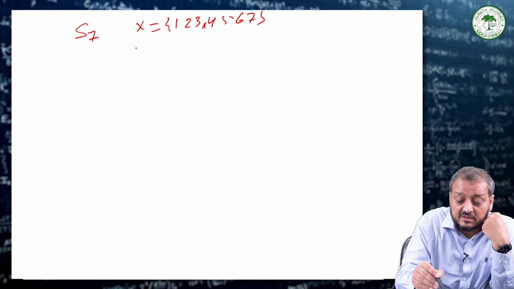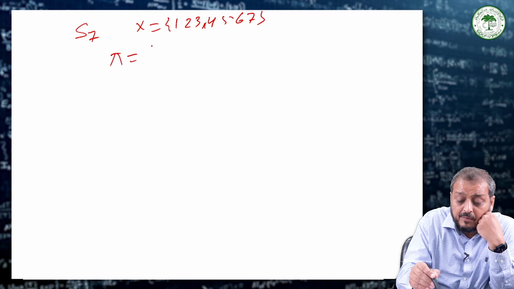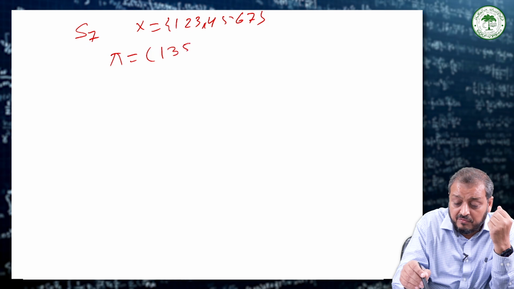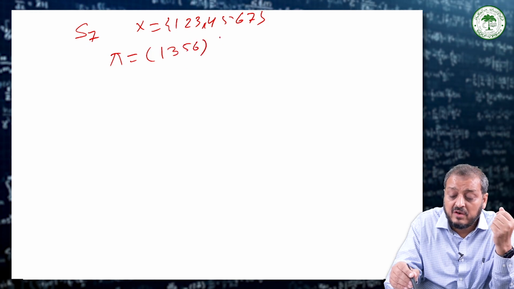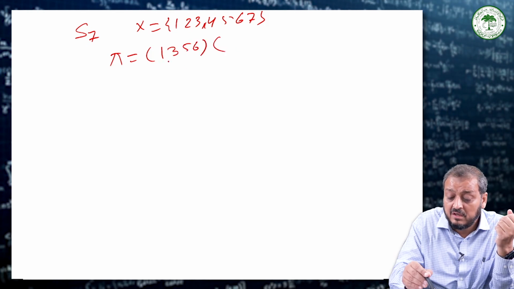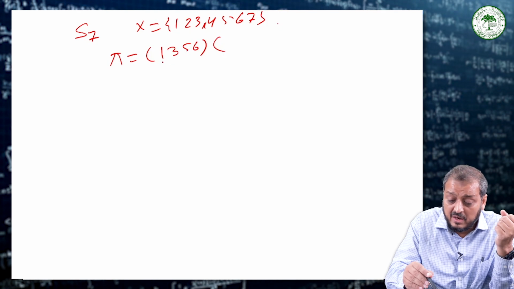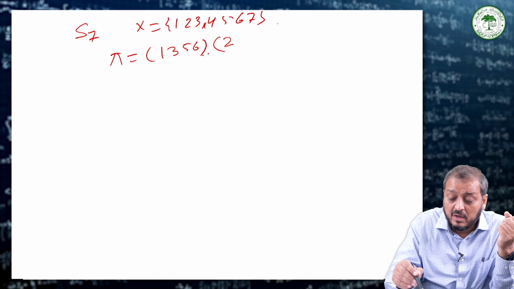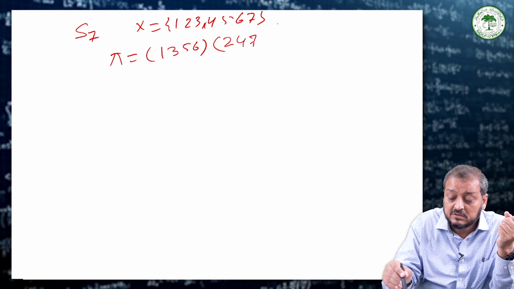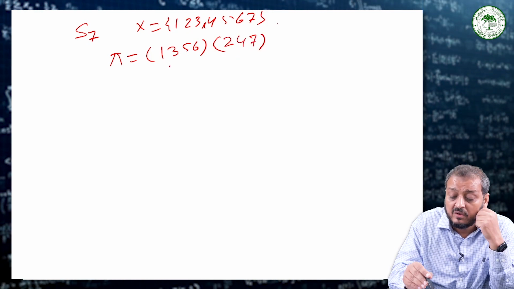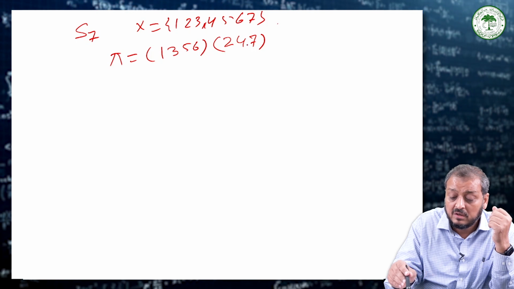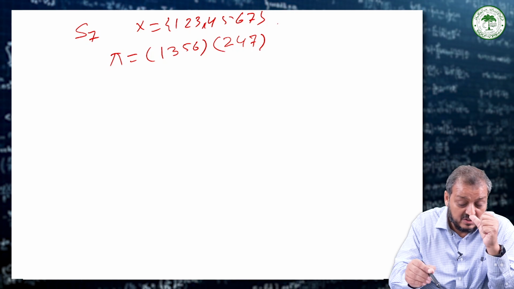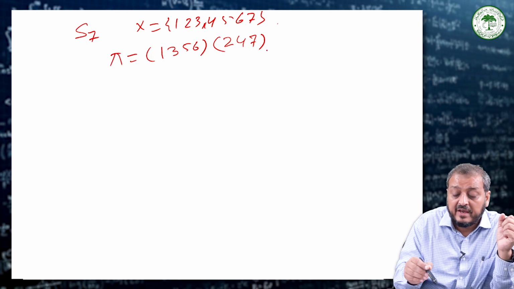So, we can write pi as (1 3 5 6), and then the next element left is 2, so we have (2 4 7). Clearly these two are disjoint cycles.